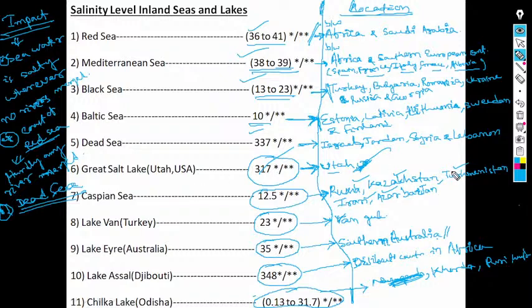See, here I told these are the places: Israel, Jordan, Syria, Lebanon. These are the countries where they face saline water. If I look at the Dead Sea, this is Israel.